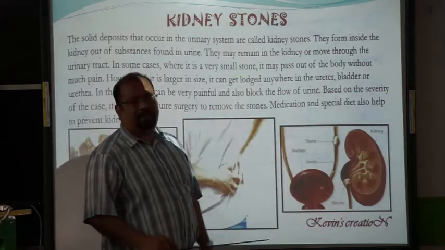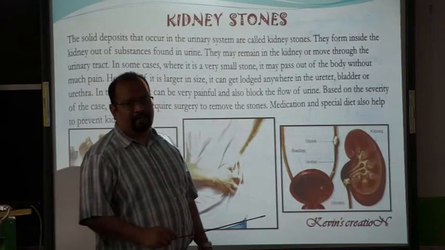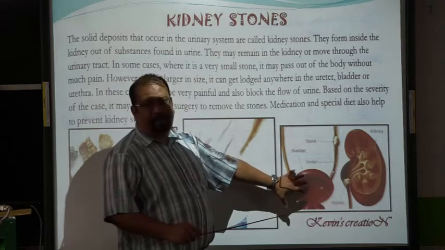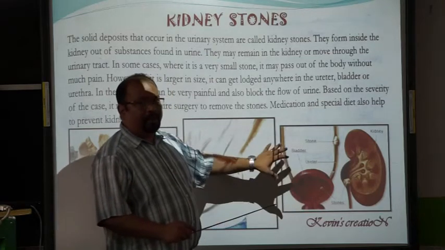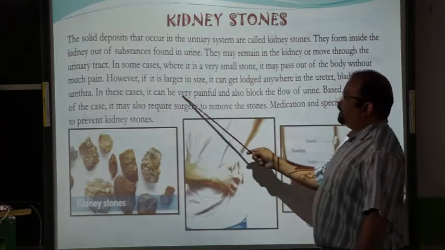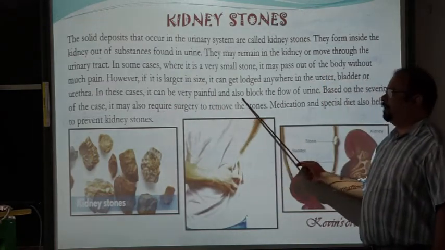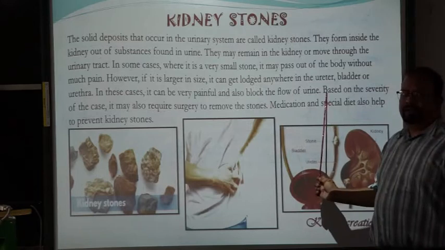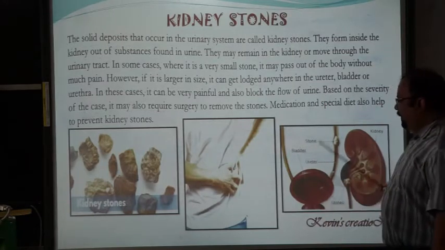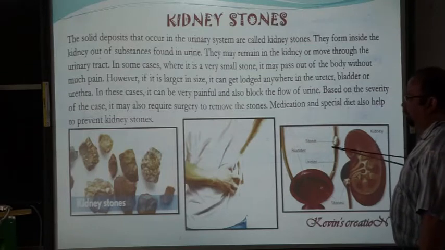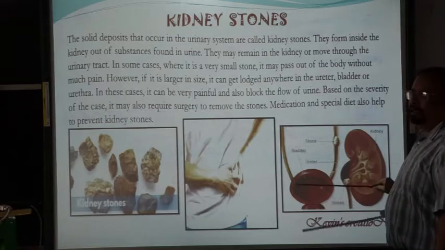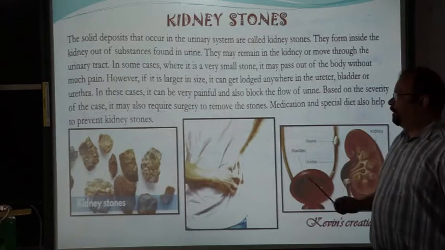And in all these positions, it is very, very dangerous because passage of urine will not be there. Okay, and then you will have severe pain. It can be very, very painful and also block the flow of urine. So urine cannot flow properly if it is there either in the ureter or urinary bladder or on the way to the urethra.